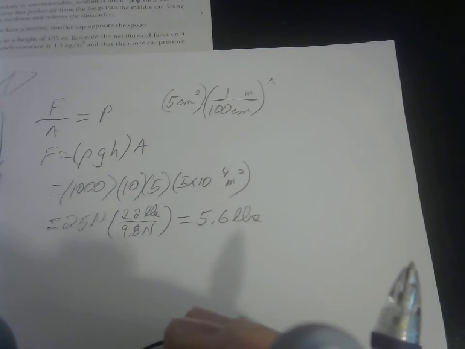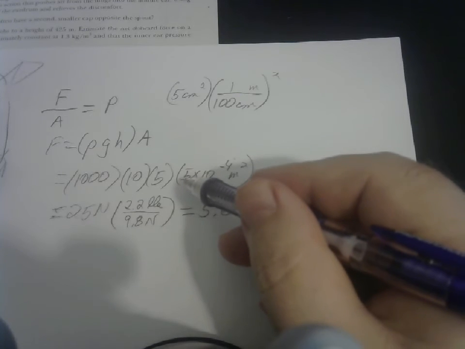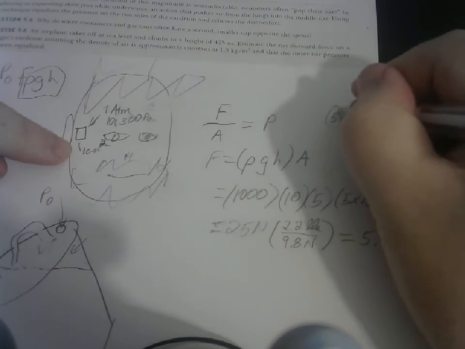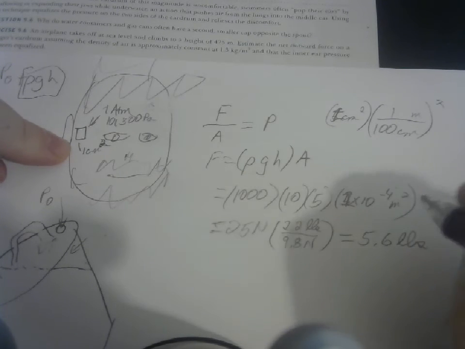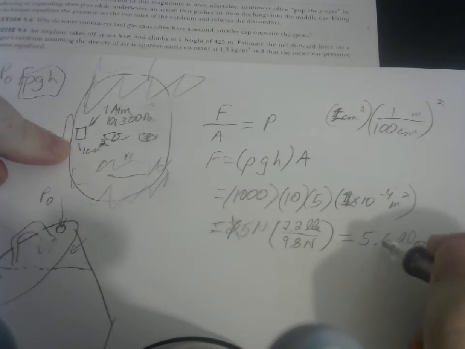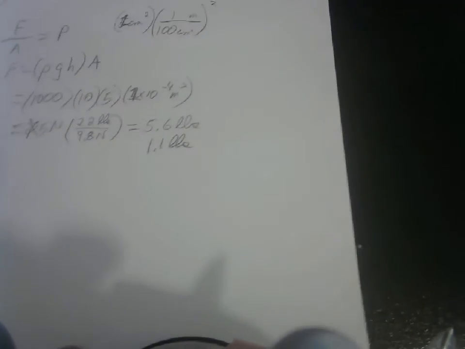But then I realized that I have just now done a calculation where I set the area of the eardrum to 5 centimeters squared, and over here I said 1 centimeter squared, so this should have been 1 and this should have been 1, and this should have been 5 newtons and a little over 1 pound, 1.1 pounds. So I apologize for that. I was thinking that sounded quite deadly when I was reading 5.6 pounds, but 1.1 pounds, maybe not so much.